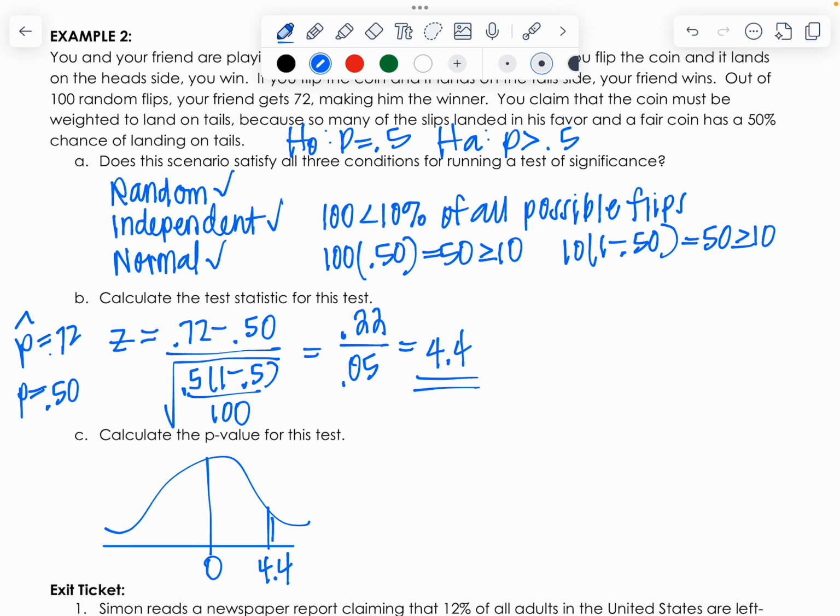Because of that greater, we're going to shade our area to the right. So we put that into normal CDF and go from 4.4 to 1,000 with that center value of 0 and a standard deviation of 1.